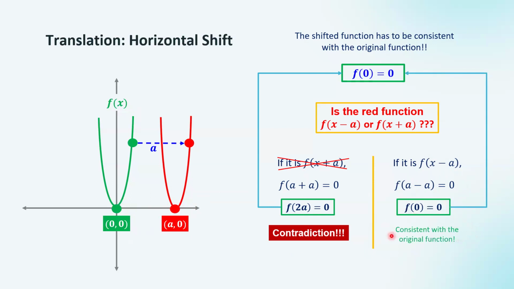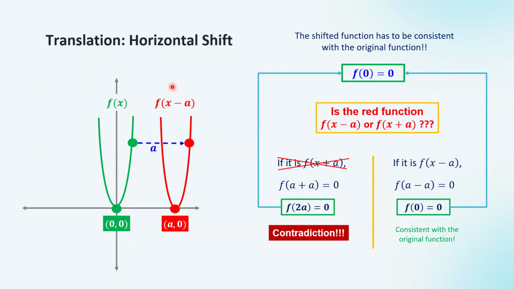So it is consistent with the original function. So therefore, we have our conclusion. If you move a function in the x positive direction, you're going to have x minus a. Not x plus a, but x minus a. Okay? So it's a bit of the opposite compared to the vertical shift that we saw before.